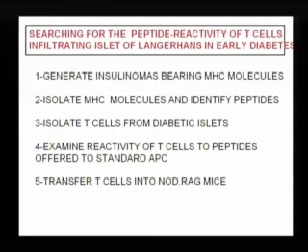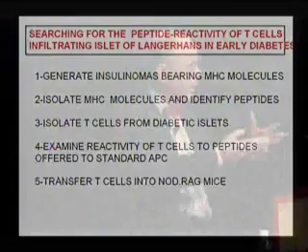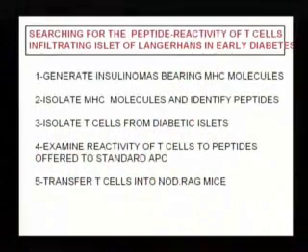So you now have an insulinoma that has MHC, and now you can isolate the MHC from them and see what beta cell proteins are presented, and in fact, what is their composite, where do they derive from, and what is their sequence.